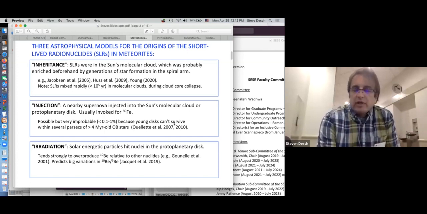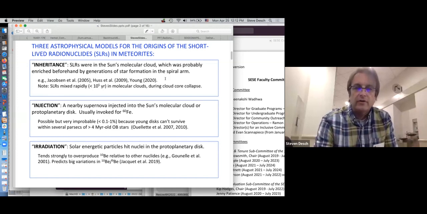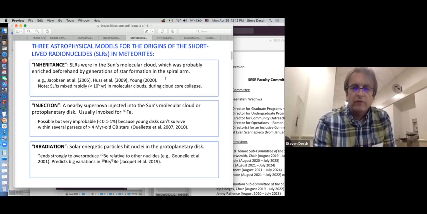And probably these molecular clouds formed from gas that was enriched over generations of star formation in a spiral arm of the galaxy. You can make simple models, and the references here cover those models. They make predictions about how much you should have in the solar system. The shorter-lived ones decay pretty rapidly, so you don't have as much of them; the longer-lived ones you have a lot more of.